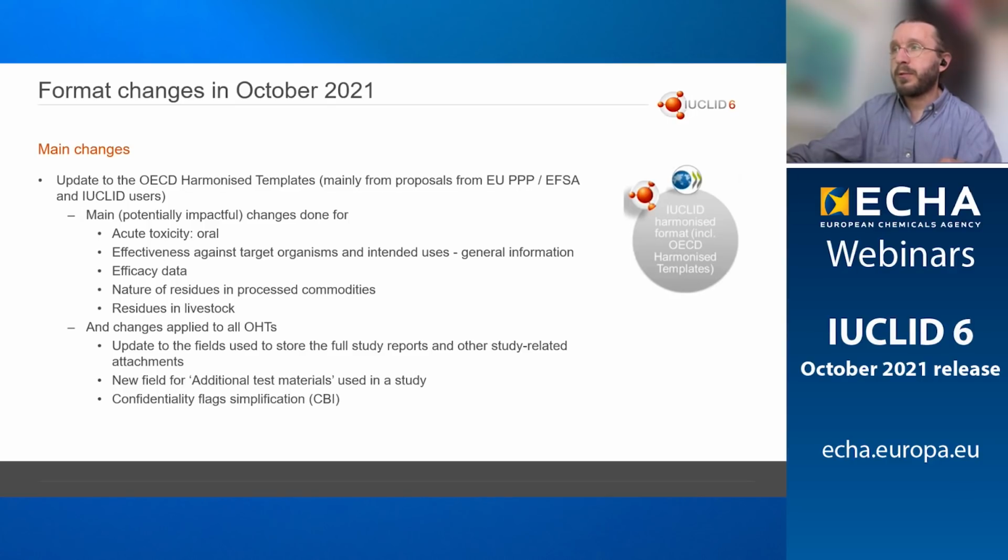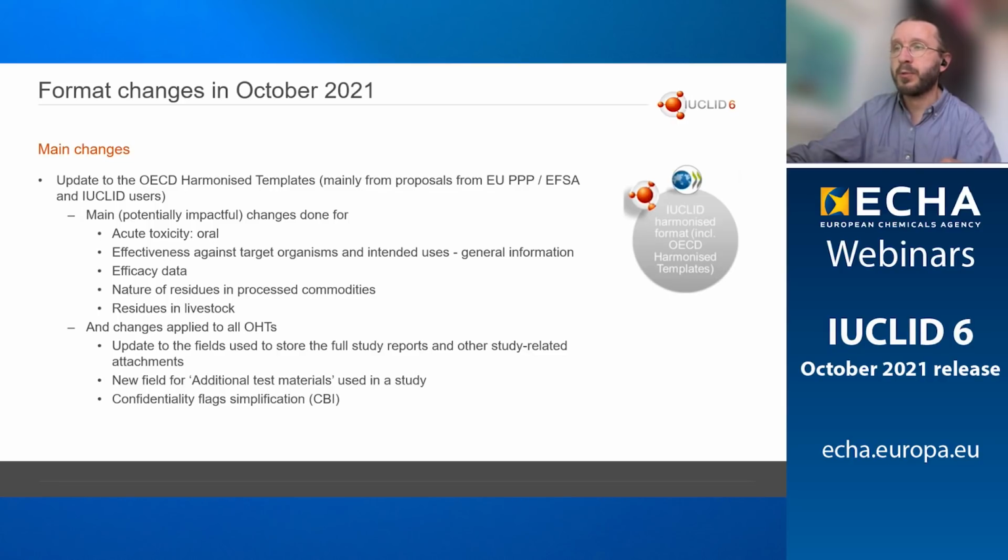At the same time, we have also applied changes to all OECD harmonized templates, and these changes were done at the level of the way we store the full study reports and other study-related attachments in the robust study summaries. We have also added a new field to store and report additional test materials used in a study.